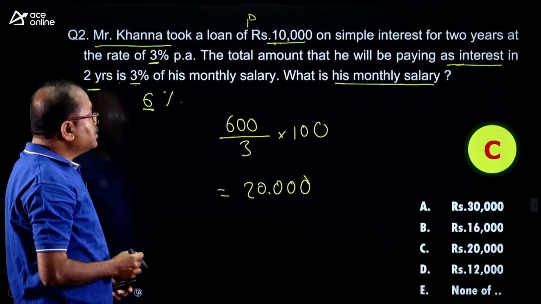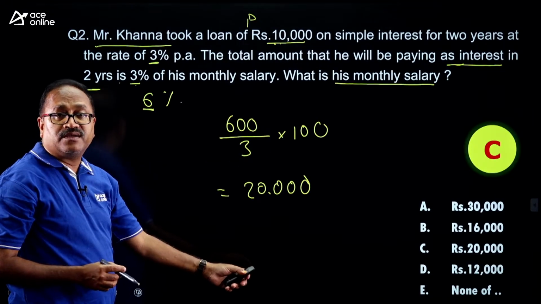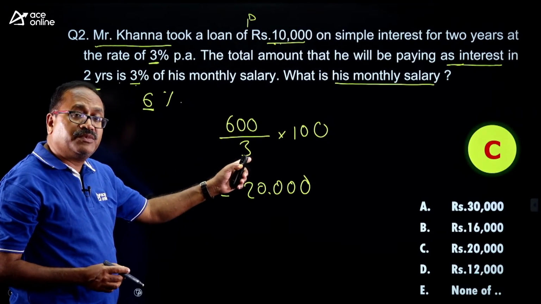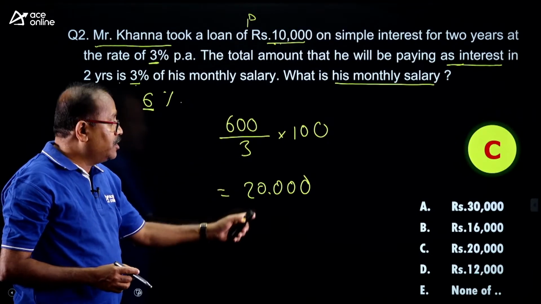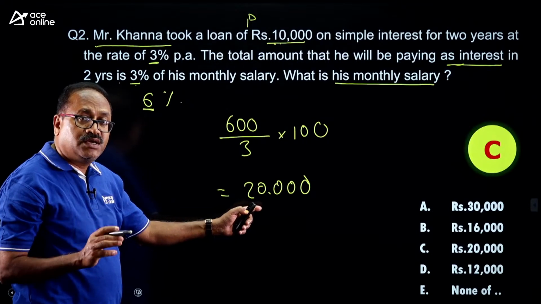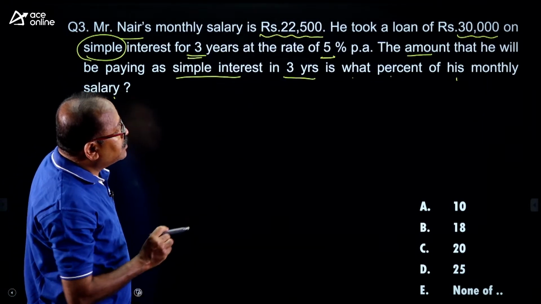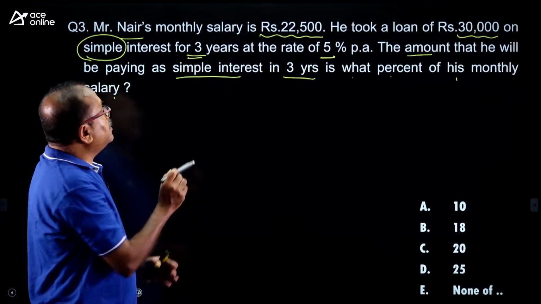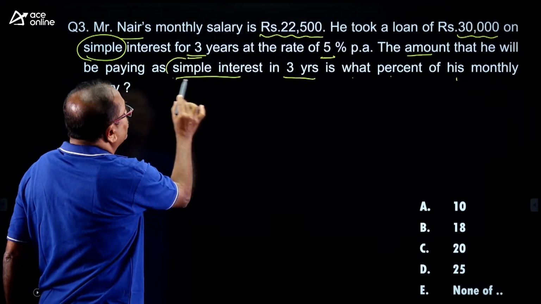In the previous question, you had to find out what is the monthly salary, where the interest he is paying is 3% of the monthly salary. Here I need to find out what percentage of his monthly salary is paid as simple interest.